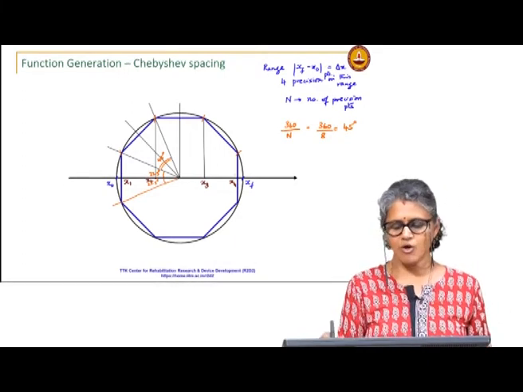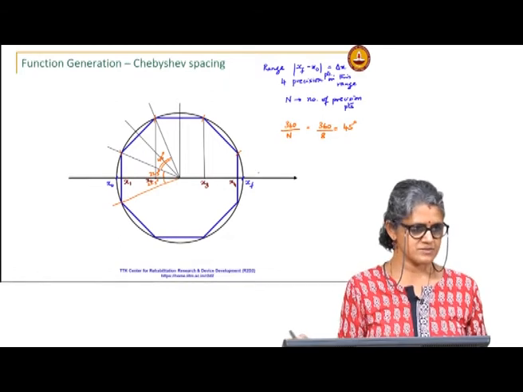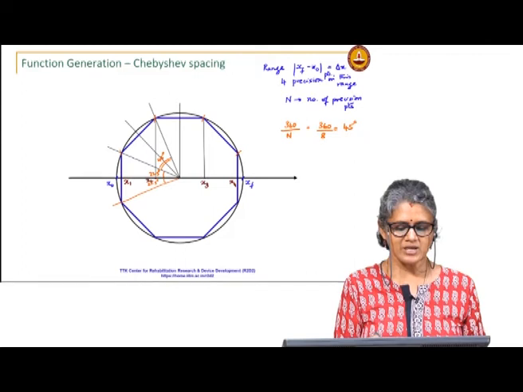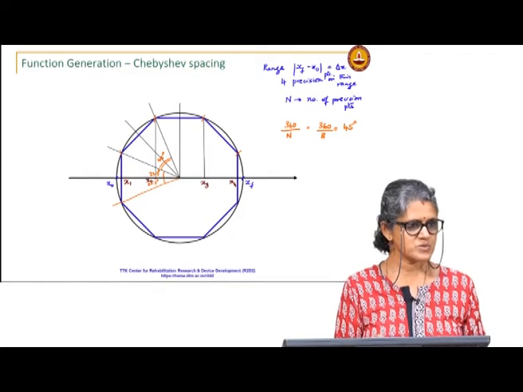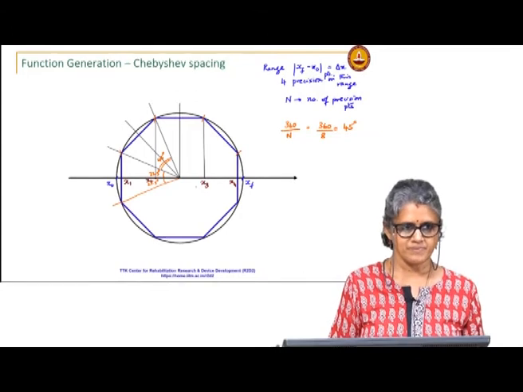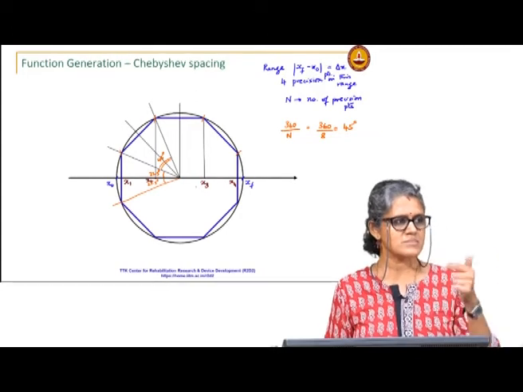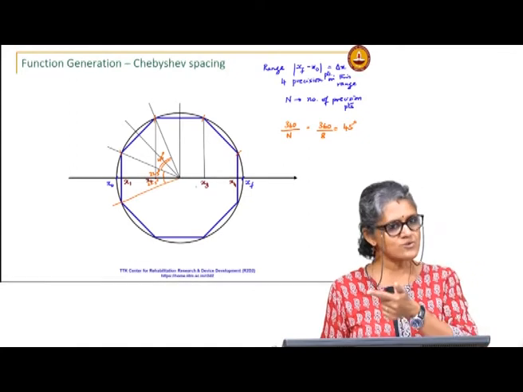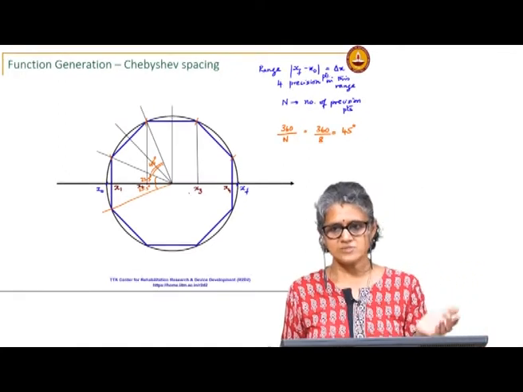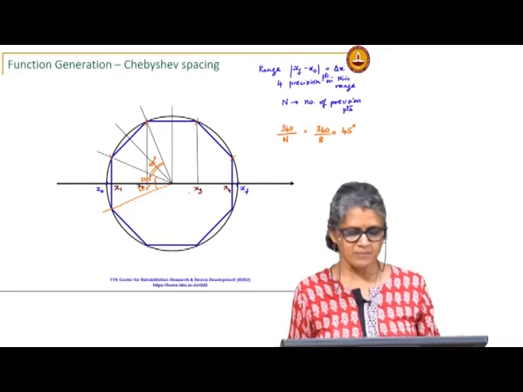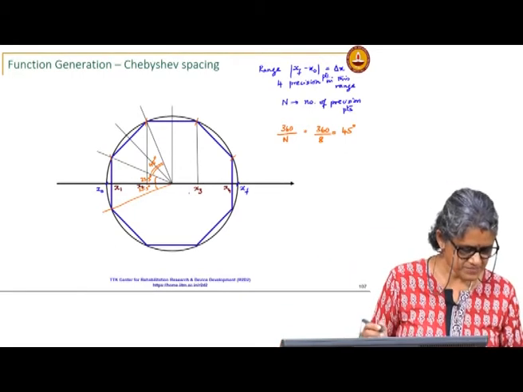I can measure from this construction the values of x which form my precision points. Then using a certain scale factor, I translate them into values of phi, because my x is proportional to phi.